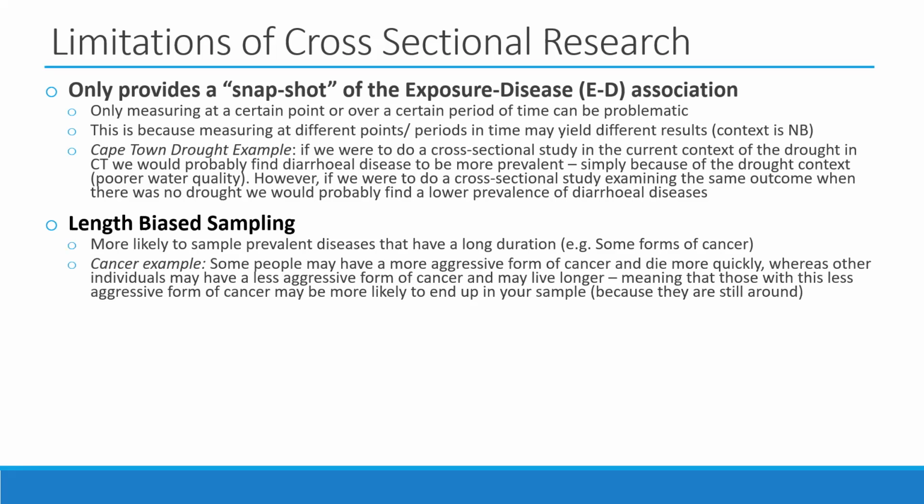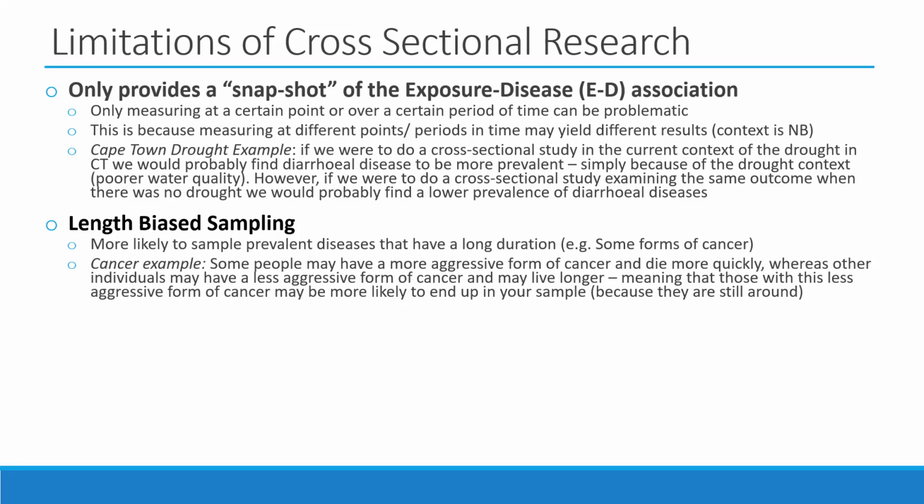Another issue is that because you're looking at a particular point in time, you will bias against severe cases that are likely to die quickly. For example, if you're measuring the prevalence of cancer, there are different stages, some forms are more aggressive, some less aggressive.